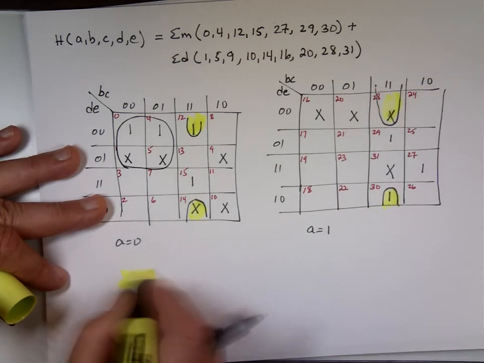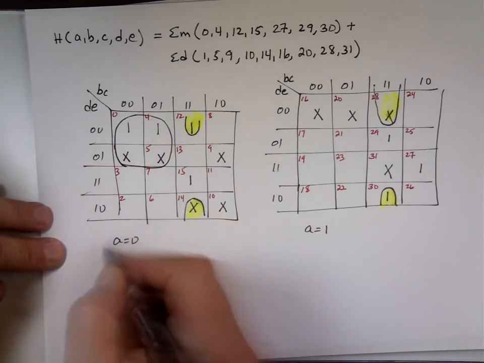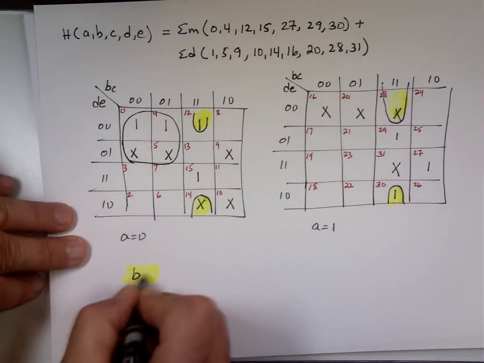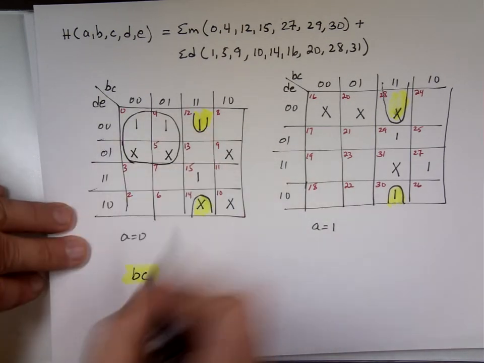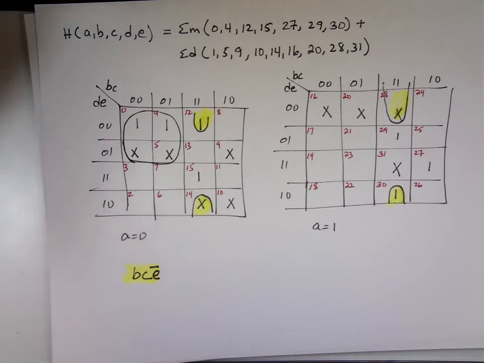So the yellow one is actually, that will give me what? A is gone, A is changing. B is 1, C is 1. D is changing, E is 0, that's E naught. 15, 14, 31, 30.